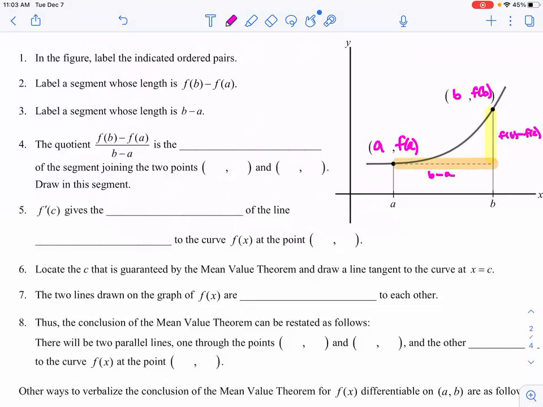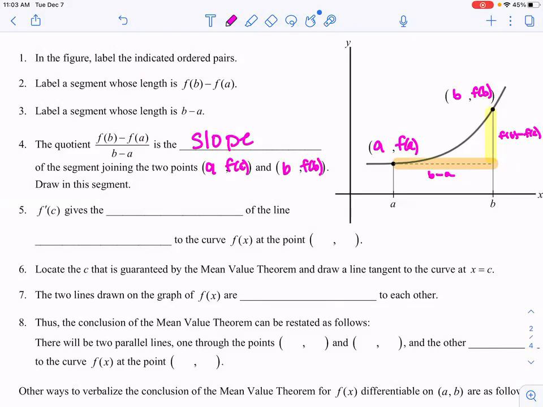Cool. The quotient f of b minus f of a all over b minus a is the slope of the segment joining a, f of a and b, f of b. Yes, very nice.